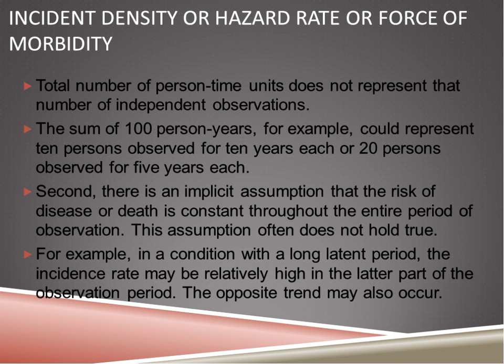Second, there's an assumption that the risk of disease or death is constant throughout the entire study period, which may or may not be true. You're at different risk for different diseases depending on where you are in your professional career, where you are in your life, what your health is likely to be.